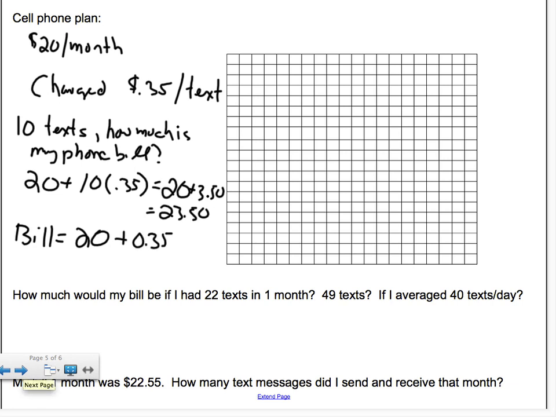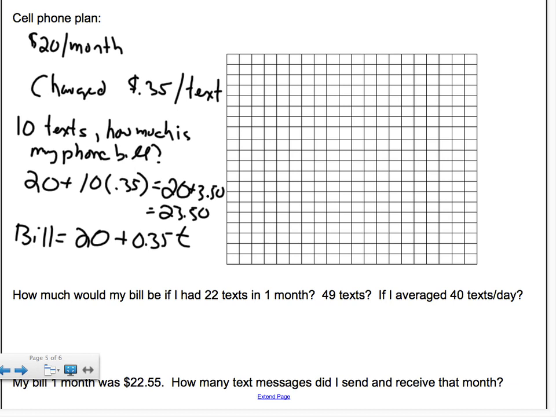I'm not going to call it x, let's use T for text. So my phone bill is actually $20 plus the number of texts I get, T, times 35 cents, 0.35.